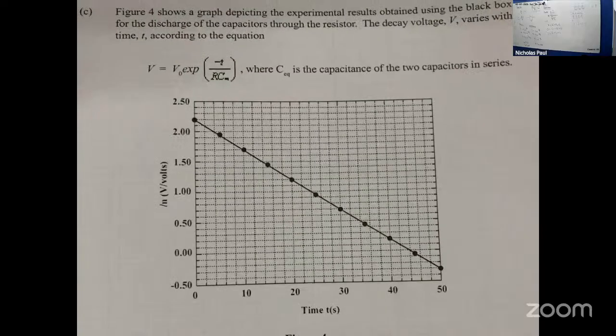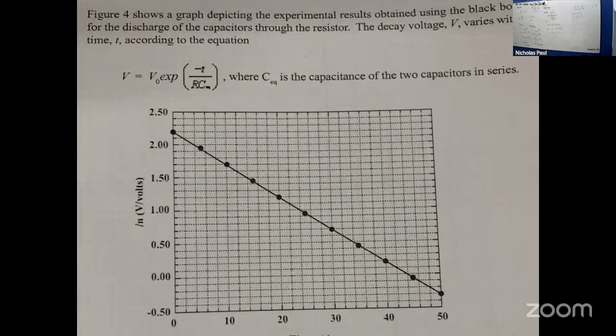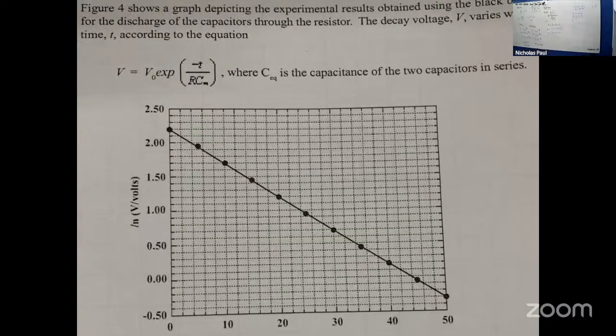What is the graph here? Right, so I need a little table. Look at the formula here. Here we have some discharging, so we have the same formula I have on the board: V is equal to V naught e to the minus t over RC. But look at the graph that it drew.